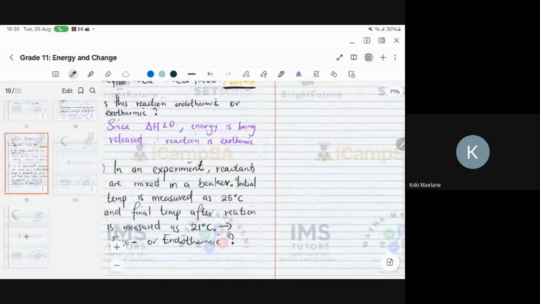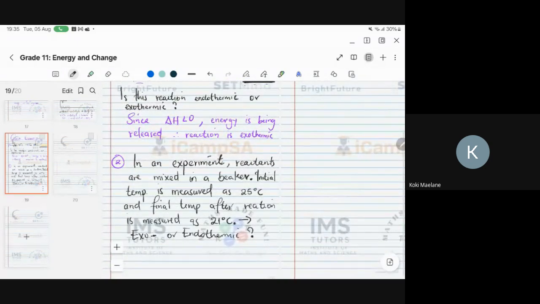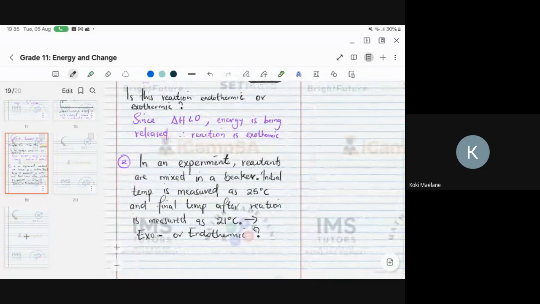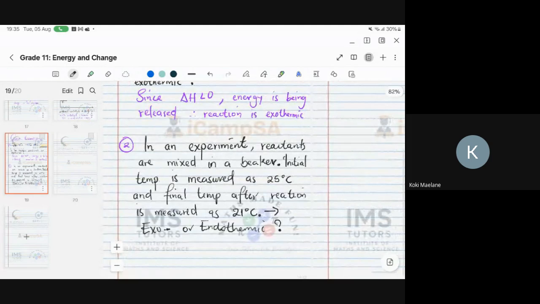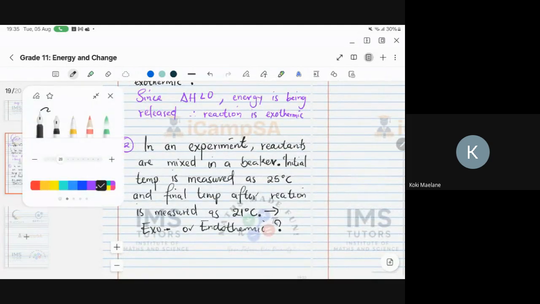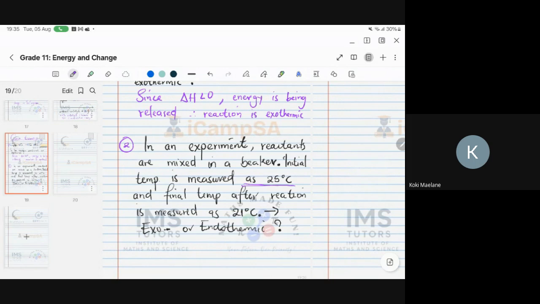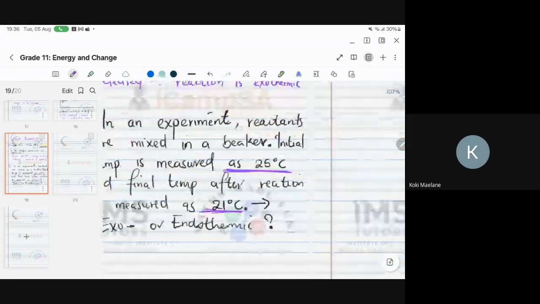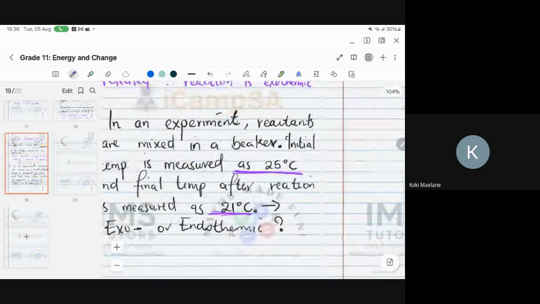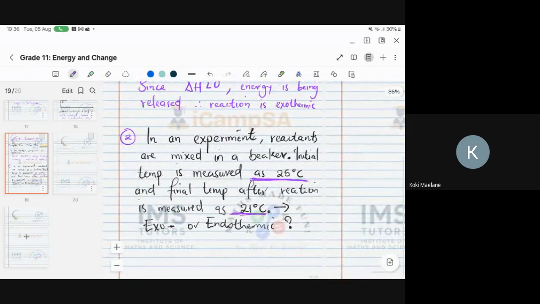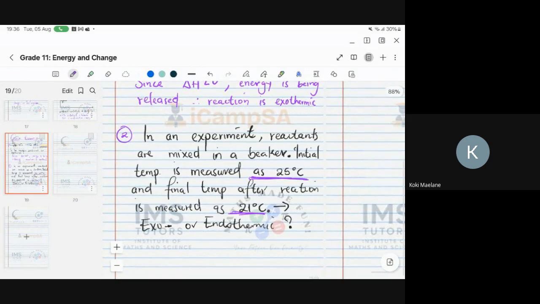Is it exothermic or is it endothermic? Initial temperature, 25 degrees. Final temperature, 21 degrees. So this tells us that there was a loss in the heat in this system to the surroundings.